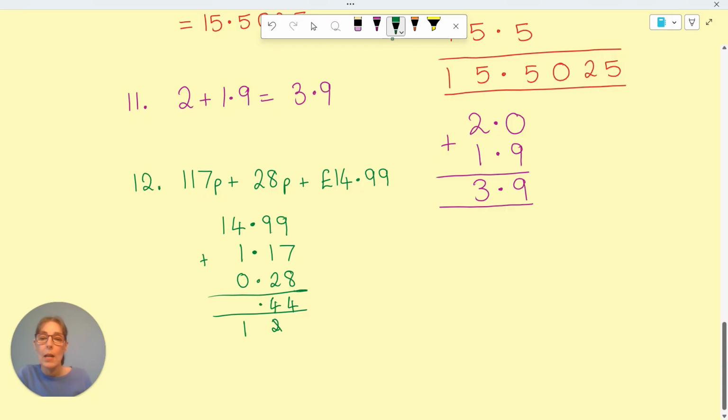And then 4, add 1 is 5, add 1 is 6, and then 1. So I think the answer in pounds is £16 and 44 pence.